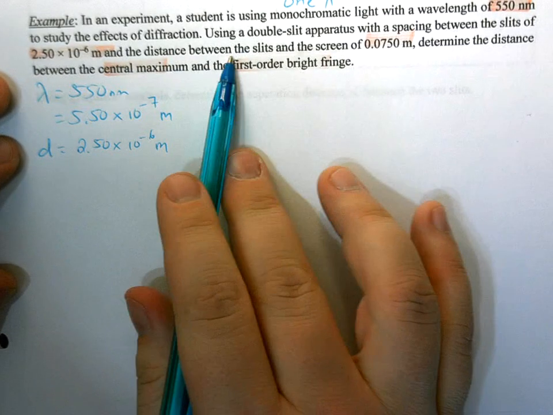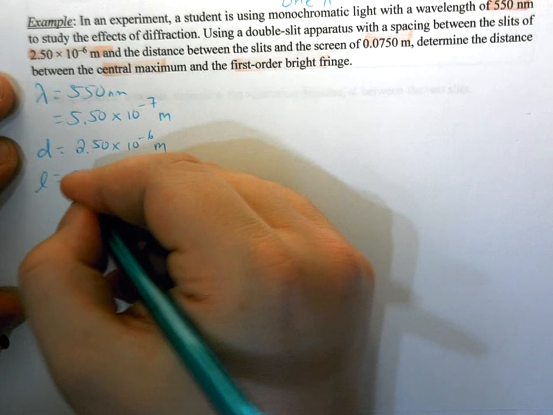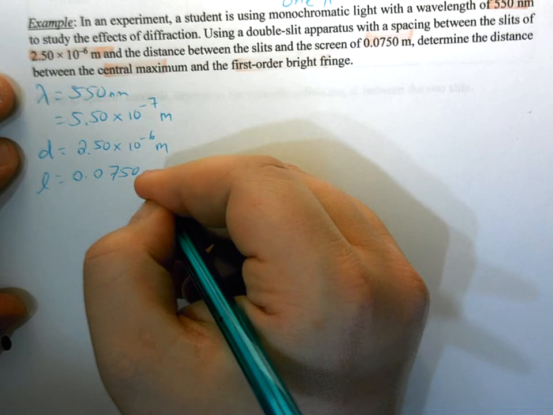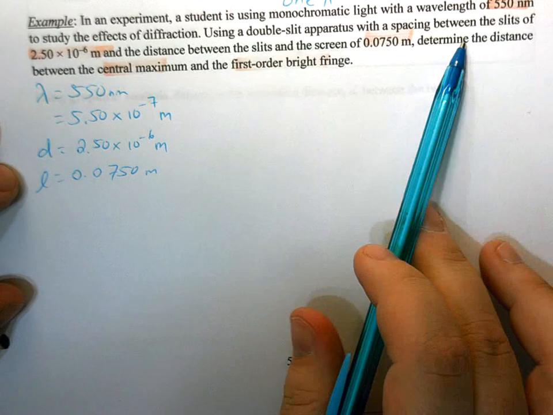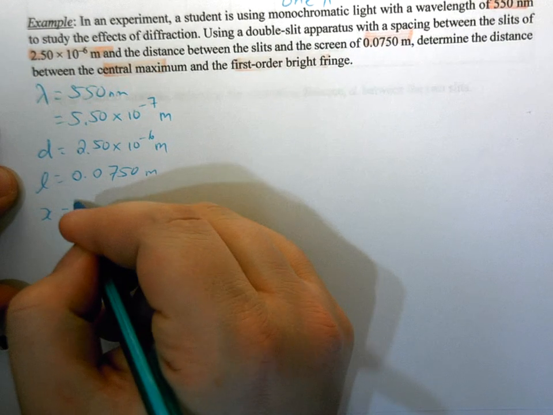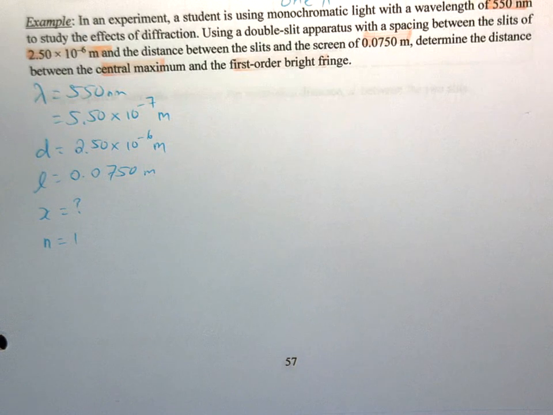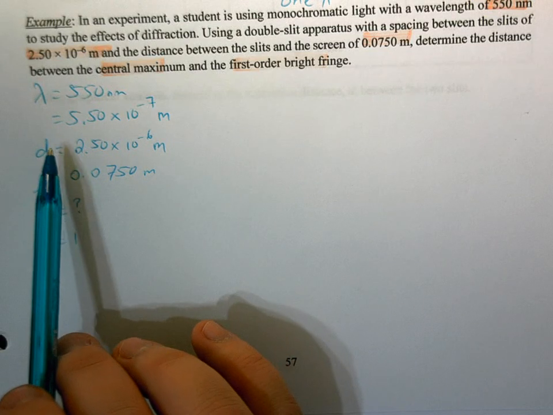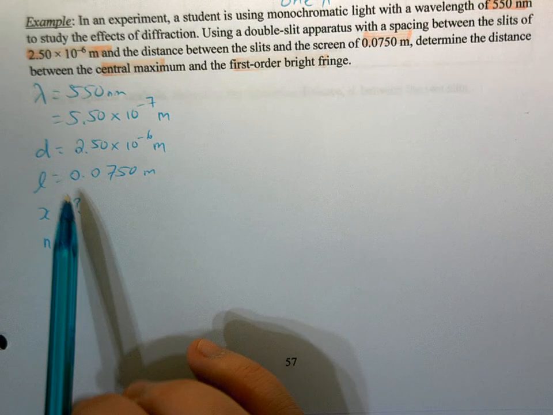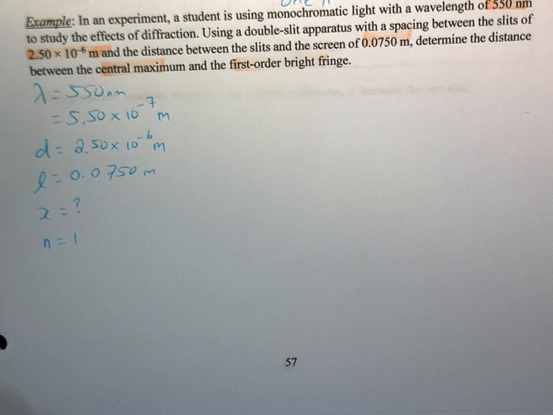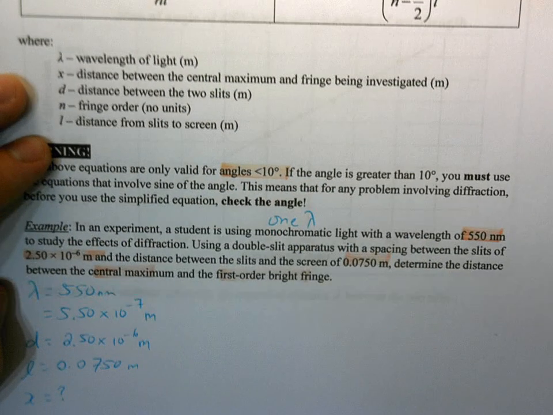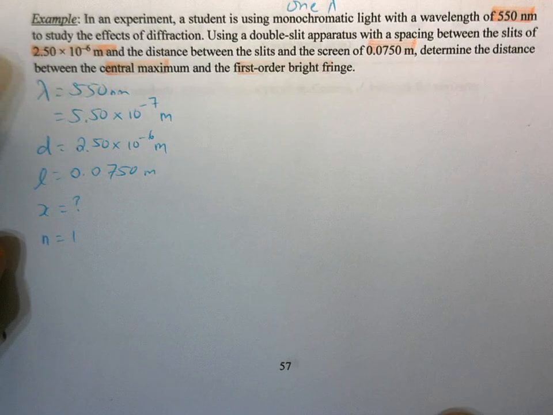We're told the distance between the slits and the screen, L, is 0.0750 meters. And we want to find this x value for the first order bright fringe. Now, we have lambda, d, L, n, and x. This is trying to bait you into using lambda equals xd over nL. We better check this though.